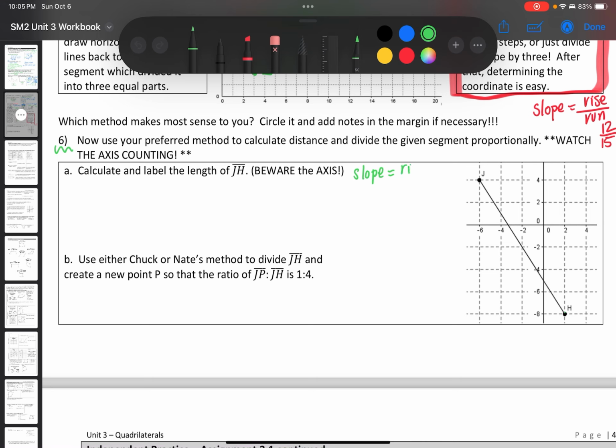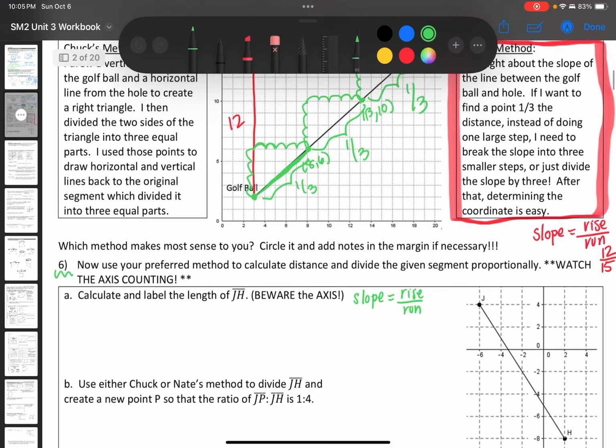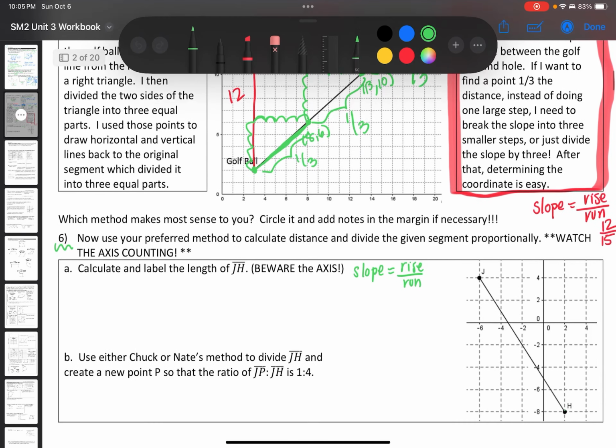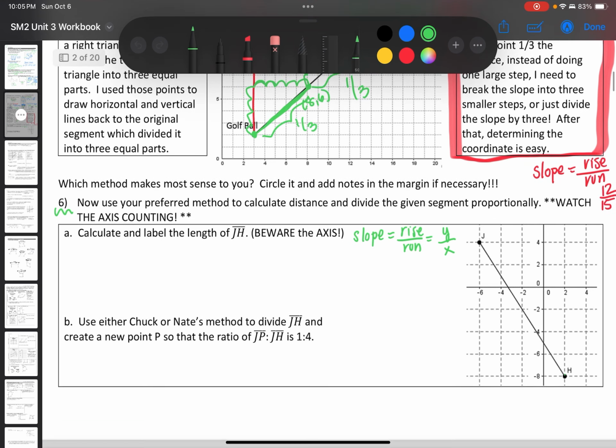Your slope is rise over run, and don't forget your rise is the change in your y values, so it's your y over your x. Part A wants us to calculate and label the length of JH, and beware the axis.